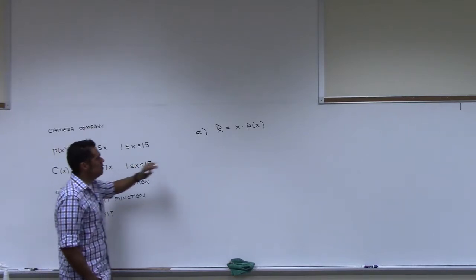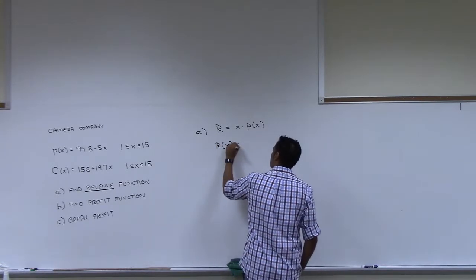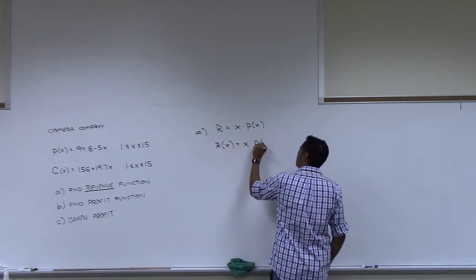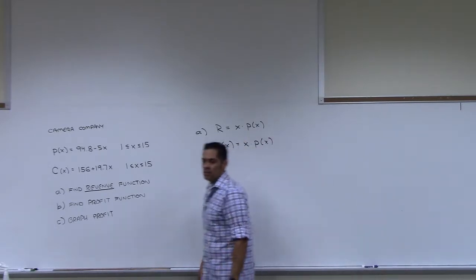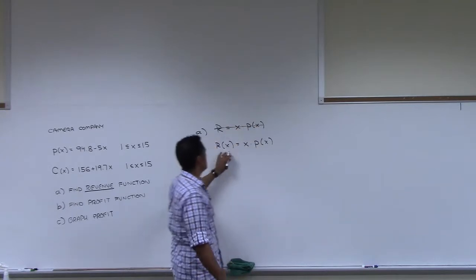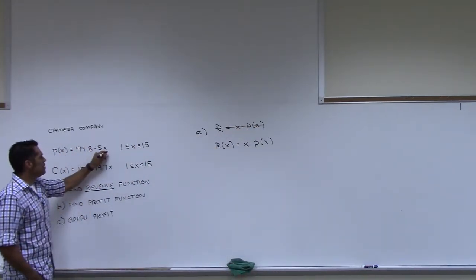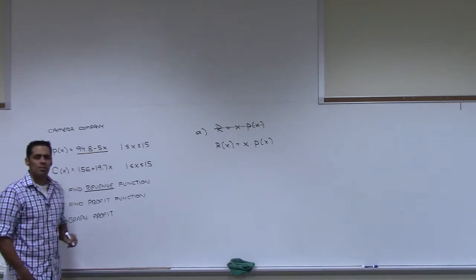So revenue function, R of X, is going to be X times your price demand function. So all we have to do is take our price demand function and multiply it by X.